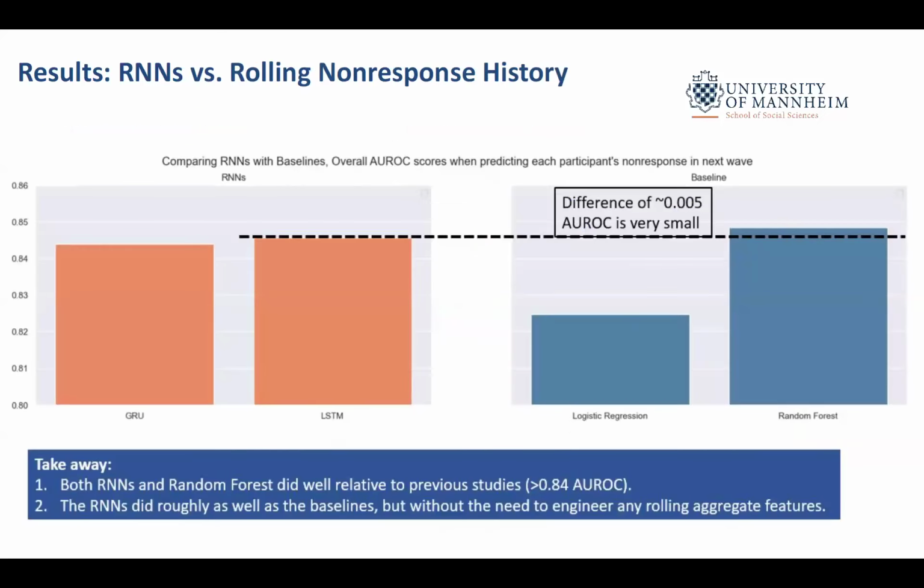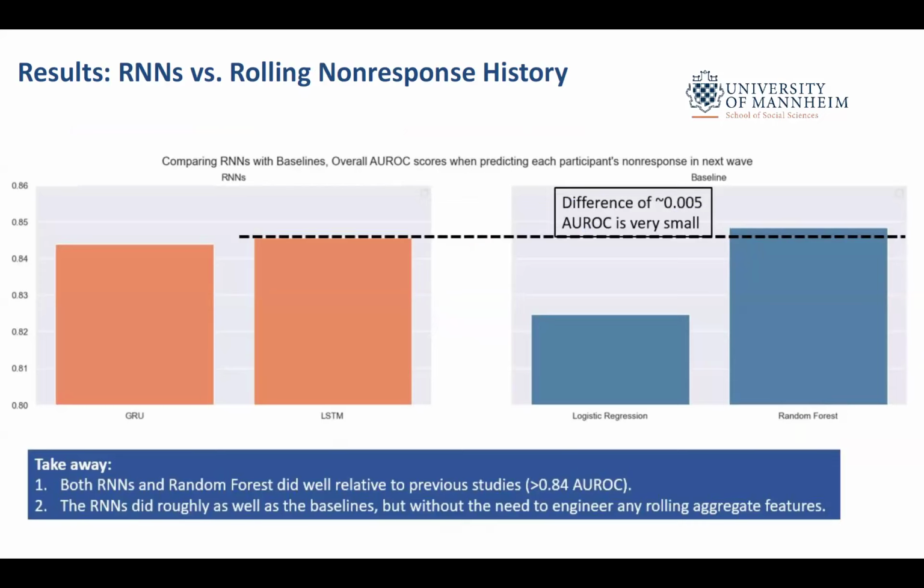Then you find that the recurrent neural network and the random forest that is using rolling average non-response rates actually start to perform pretty much the same. An absolutely tiny difference in area under receiver operator curve scores. Basically nothing. They're basically performing about as well as each other.